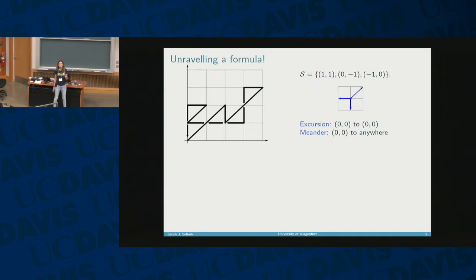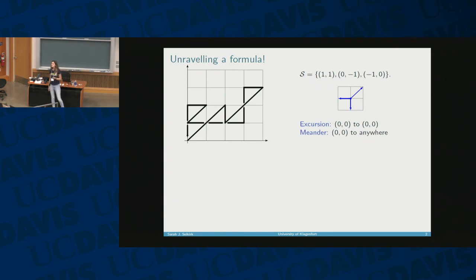Okay, so that's a walk in the quarter plane, and we say it's an excursion if it starts and ends at the origin, and we say that it's a meander if it starts at the origin and it ends anywhere.